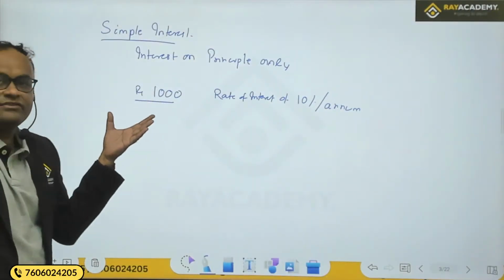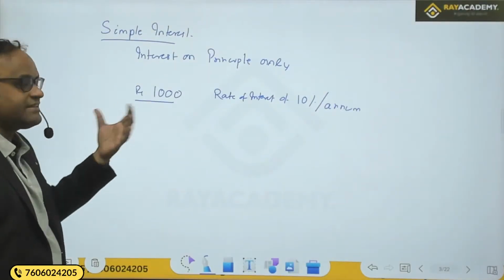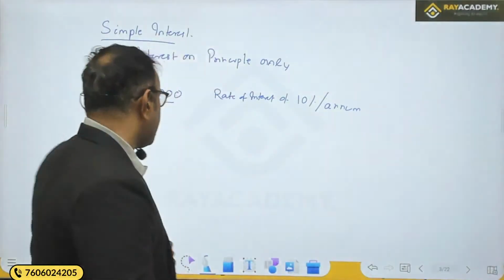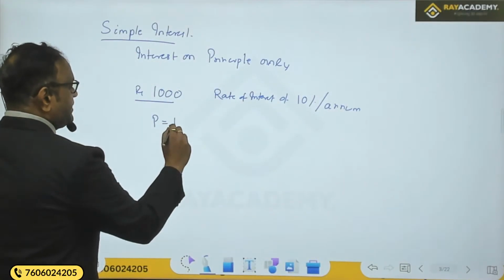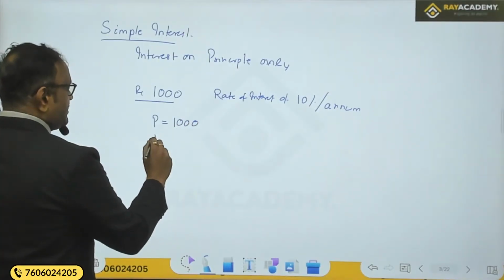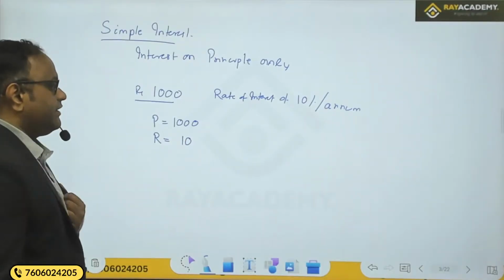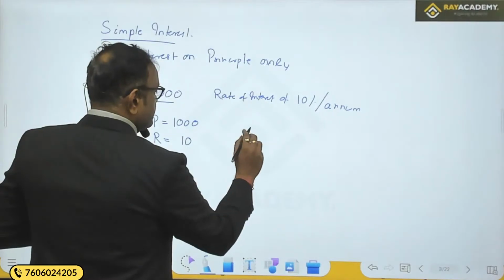So here, 1,000 rupees is the initial investment and the rate of interest is 10%. Normally we write P for principal, so P is 1,000. And R is the rate of interest, that is 10. Suppose you have invested for 2 years.